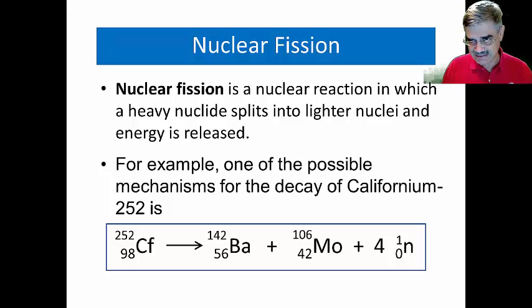Yes, there is an element called californium. Guess where it was created. The californium-252 can be split into barium and molybdenum. That's not Missouri, that's molybdenum. So this is an example where a heavier element, californium-252, is split into two smaller nuclides, barium and molybdenum.